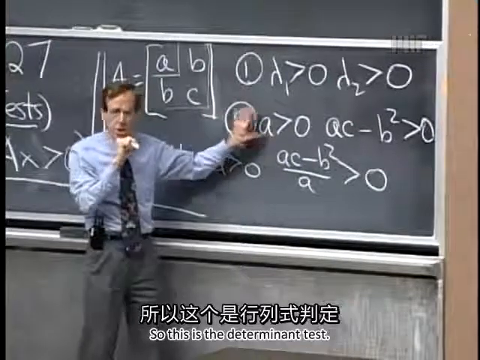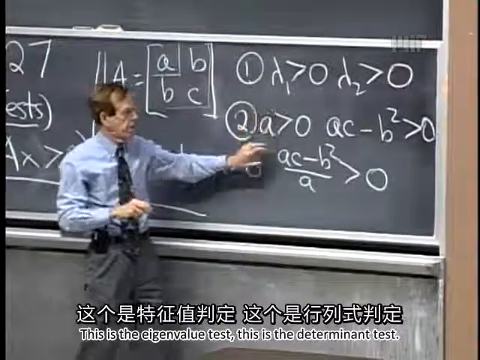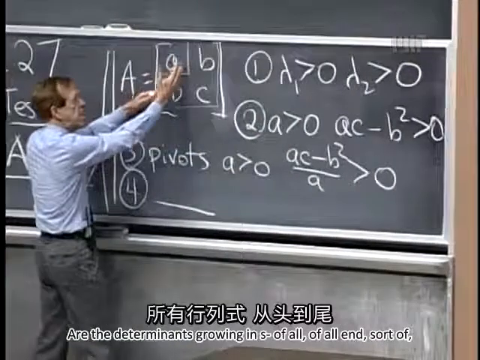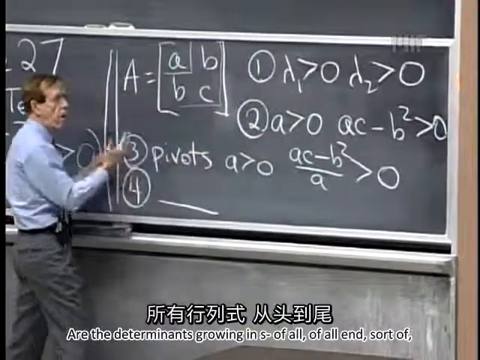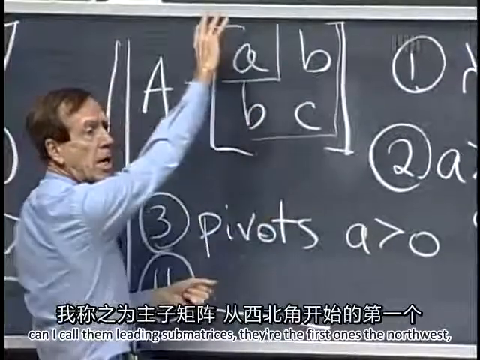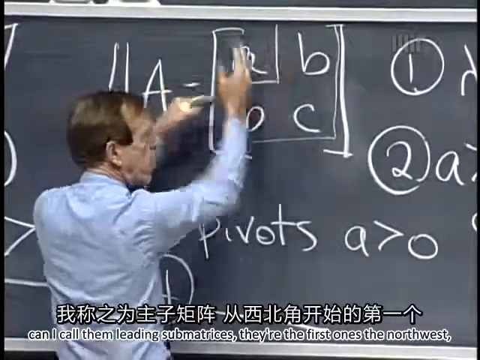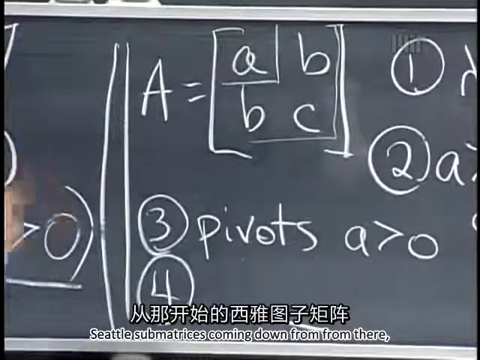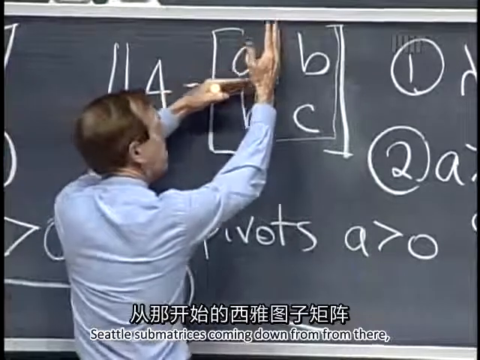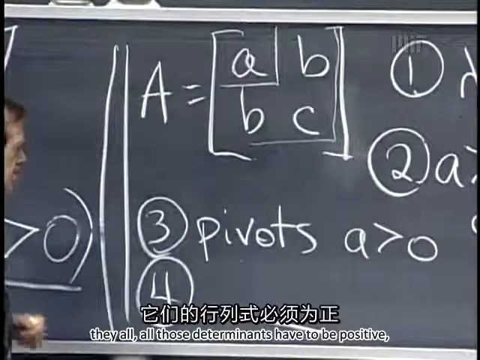So this is the determinant test, and this is the eigenvalue test. Are the determinants of all the leading submatrices, the first ones, the northwest submatrices coming down from there, all positive?